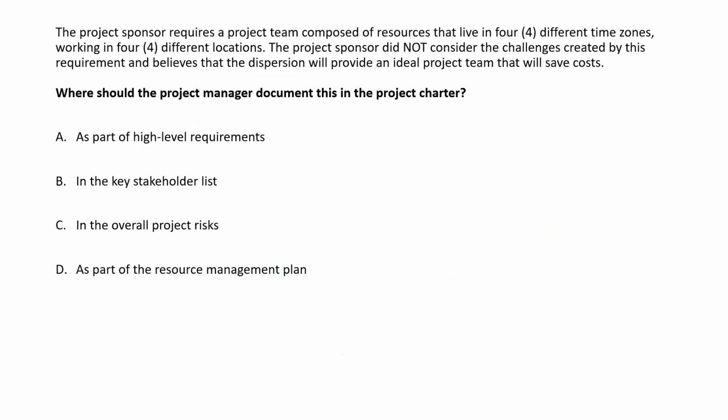Next. The sponsor requires a team composed of resources that live in 4 different time zones in different locations. The sponsor did not consider the challenges created by this requirement and believes that the dispersion will provide an ideal team that will save cost, which means he was thinking that virtual team is better for doing the things.